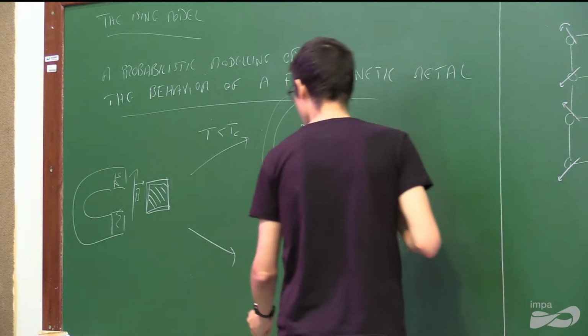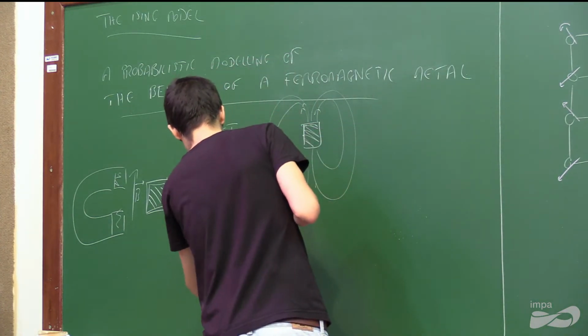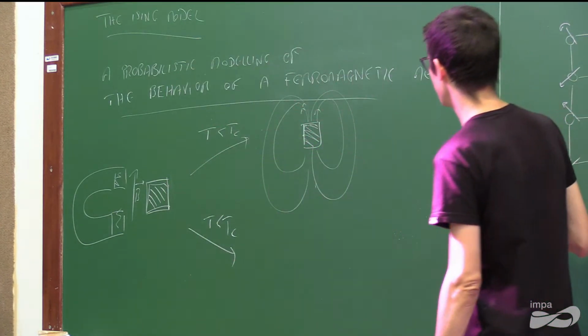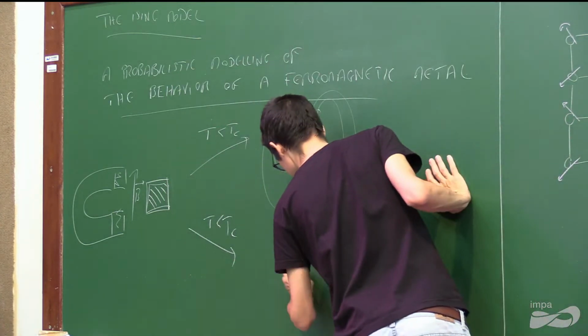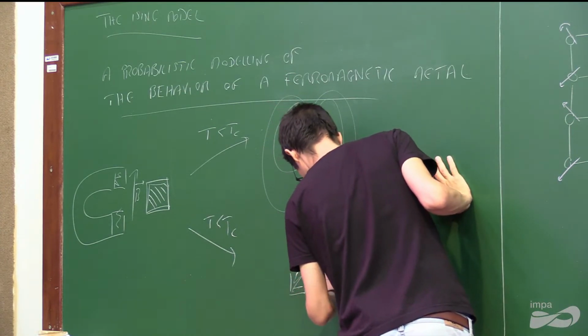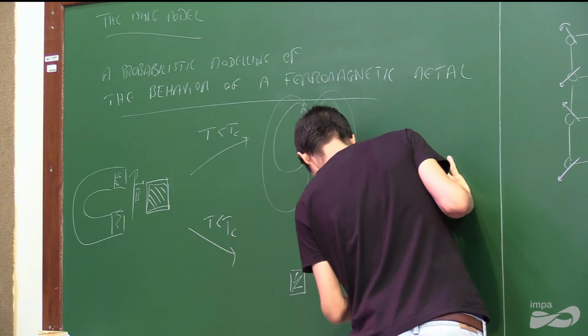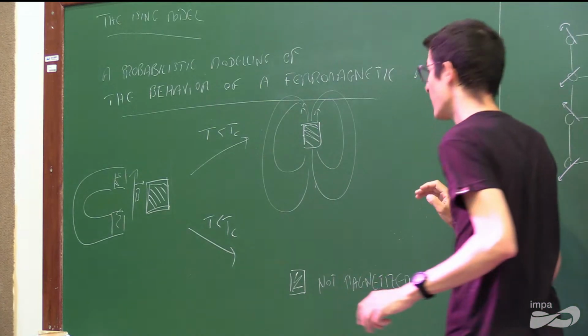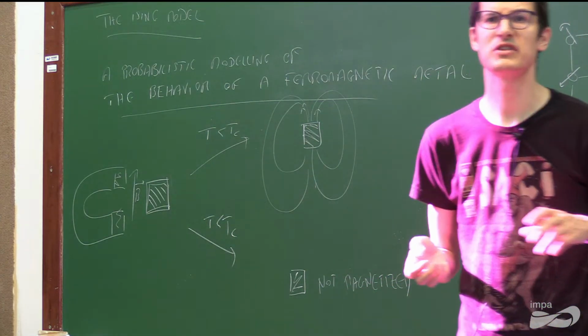But if T is larger than the critical temperature, then it's not magnetized. Okay, and this temperature is called the Curie temperature.